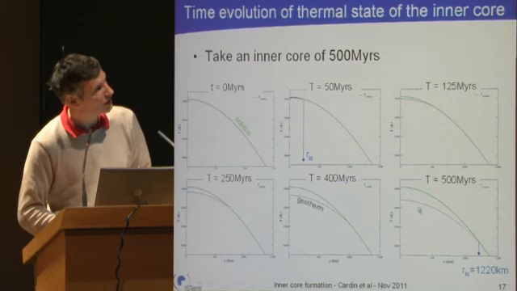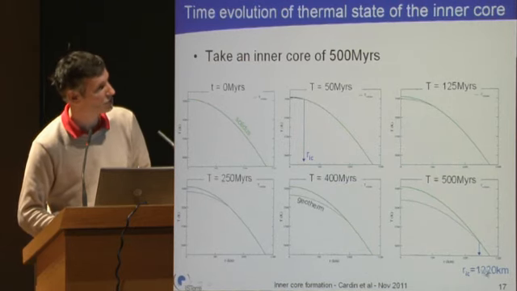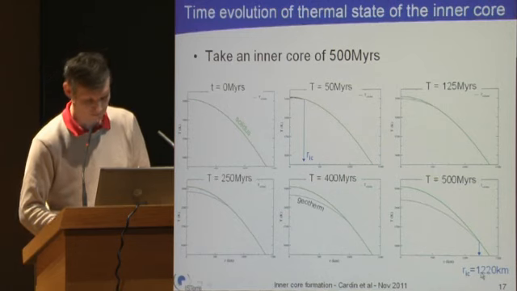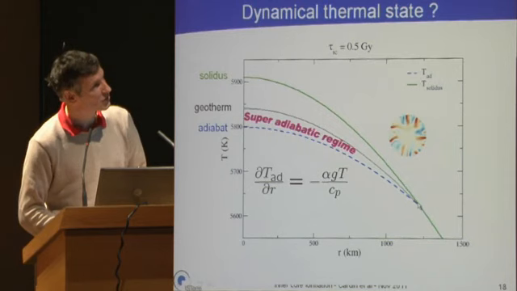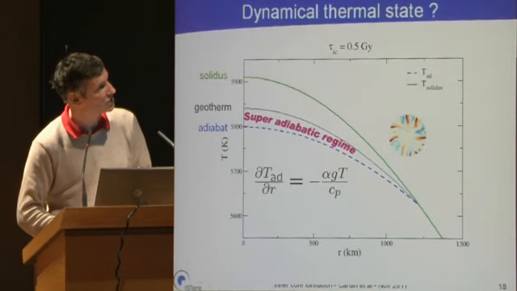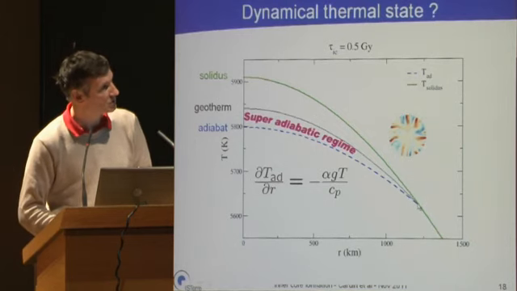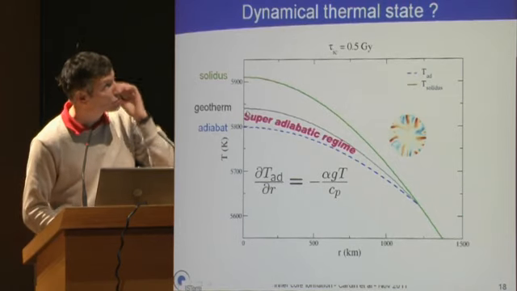And today, you have a geotherm which crosses the solidus at 1220 kilometers. So now we know the temperature of the inner core, because we know that this temperature is at the solidus. And from this temperature, we are able to build the adiabatic temperature inside the inner core, which is this blue line, the adiabat. So now two cases.